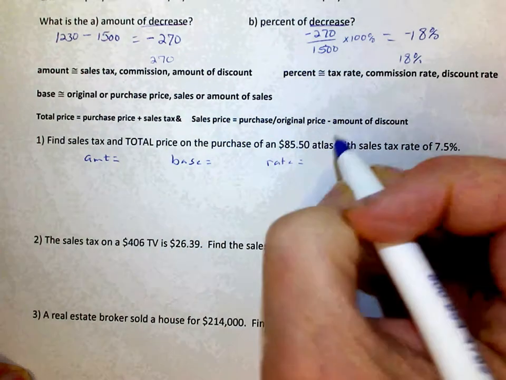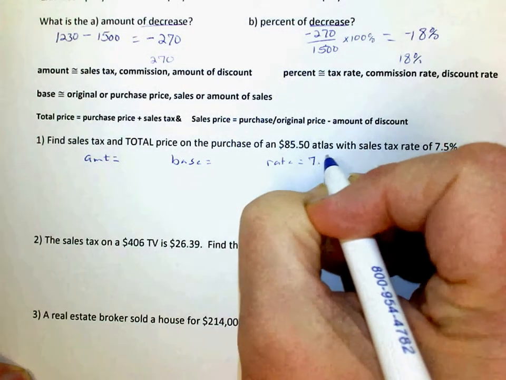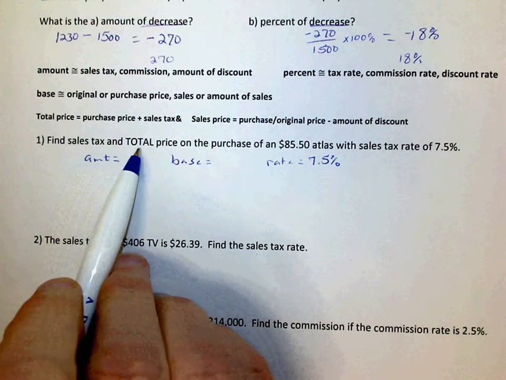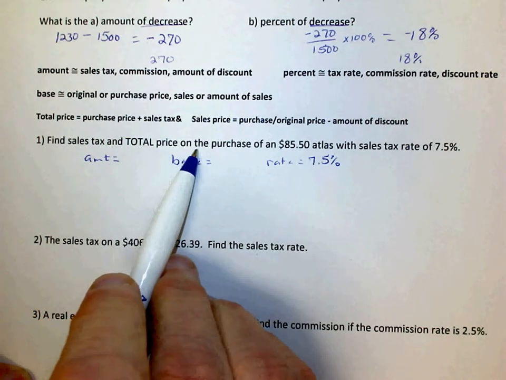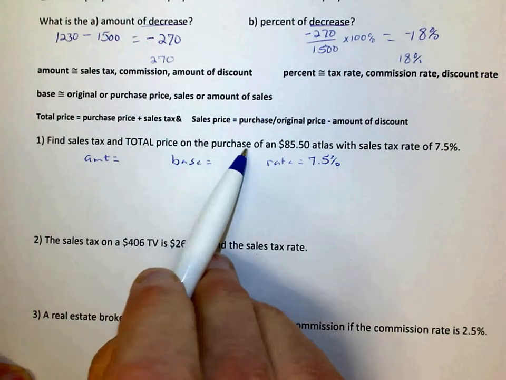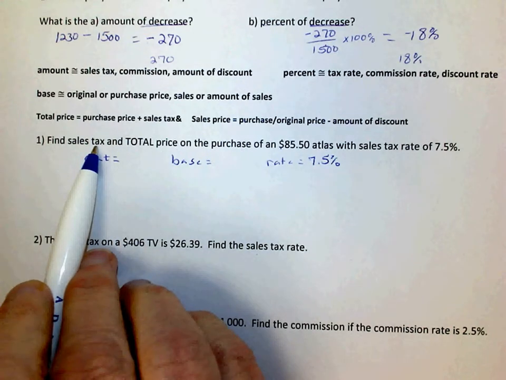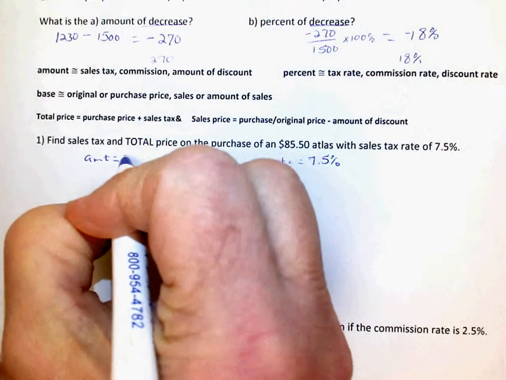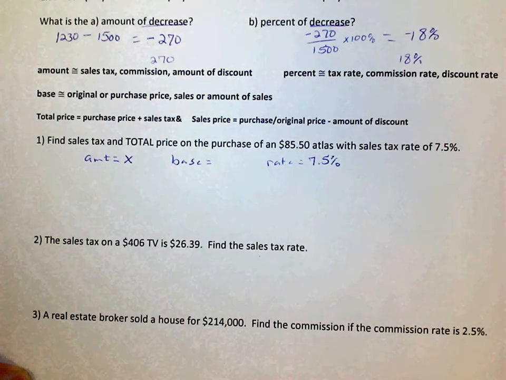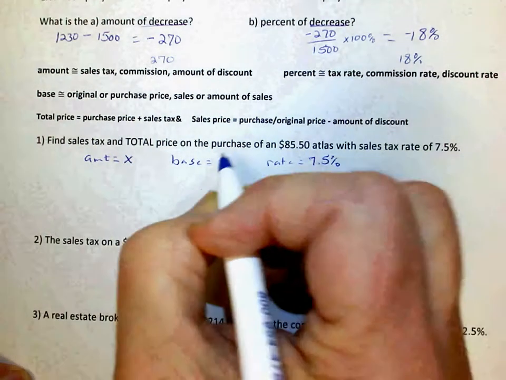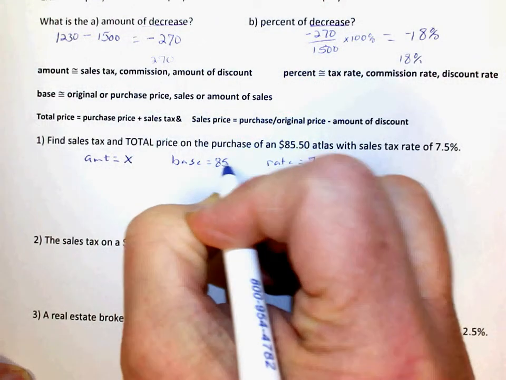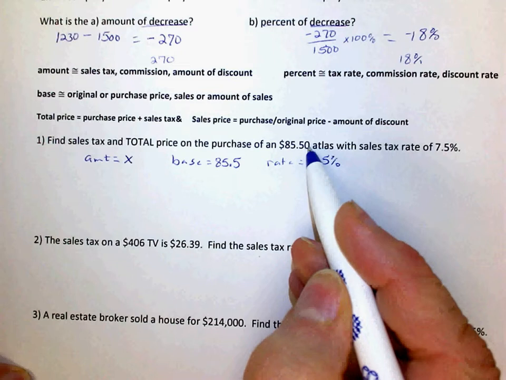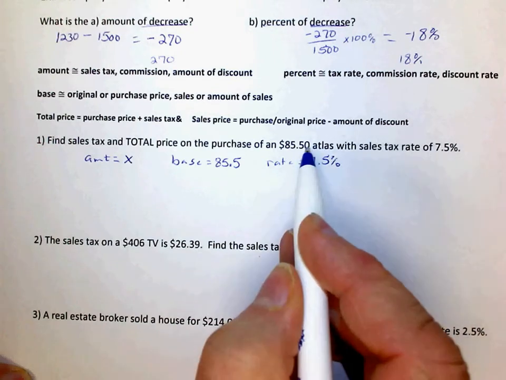Well, we do know our rate is 7.5%. Sales tax is amount. That's the thing we don't know, so I'm going to put an X for it. So our base is 85.5. And remember, if I put this in the calculator it will get rid of this 0.